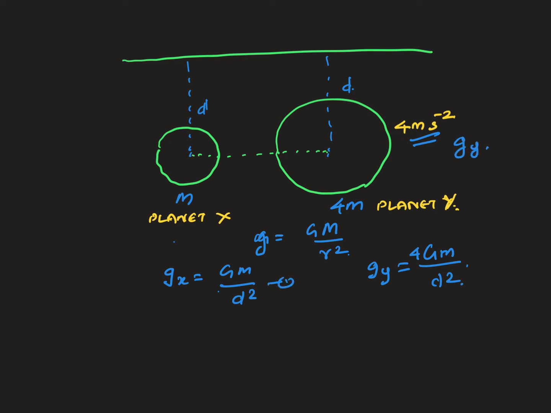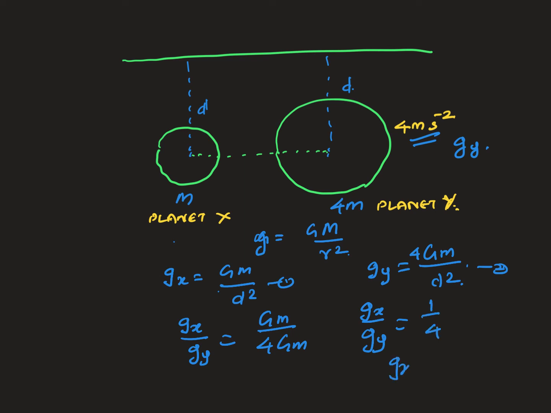So this is equation 1 and equation 2, and if you divide equation 1 by equation 2, we get Gx over Gy, which is basically Gm over 4Gm, because the d squared will be cancelled out by the other d squared. So Gx over Gy is equal to 1/4.